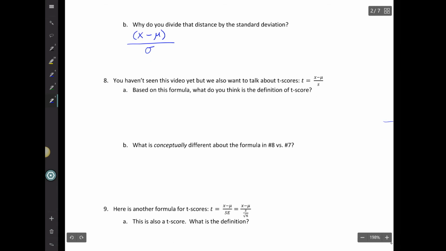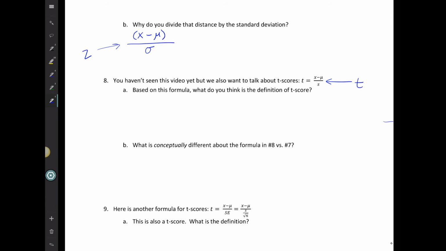We haven't seen this video yet, but we're also going to be talking about what are called t-scores. It's very confusing. We have z-scores and t-scores, and they look very, very similar. If you look at this formula for a z-score and this formula for a t-score, what's the difference?